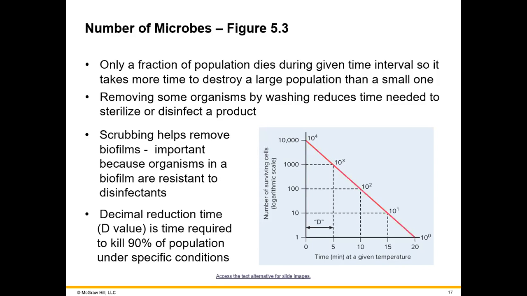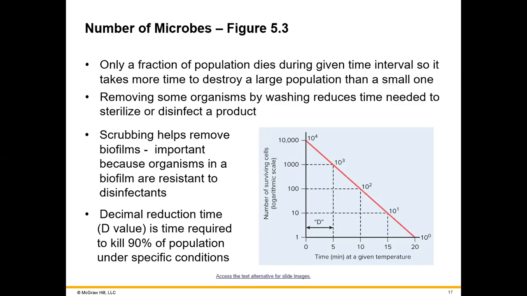So because of this, obviously, the initial number of microbes is quite crucial. Okay? If it's heavily soiled, you would need either more exposure time or higher temperatures. In this case here, we're fixing the temperature and plotting the time on the x-axis. Okay. This is the decimal reduction time.